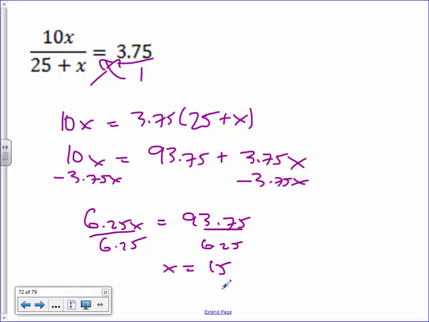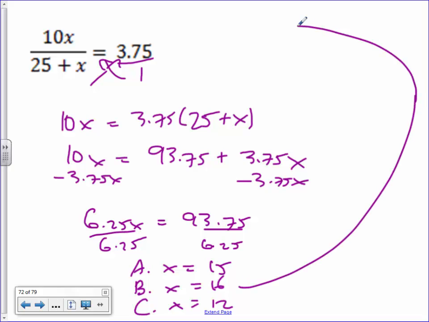If I can give one piece of advice when it comes to test questions: if it's a written or numeric response question, you can't really do anything different. But if it's multiple choice, sometimes a faster way is to take the 4 different answers they might give you, like A is 15, B is 16, C is 12, and plug them back into the original equation.